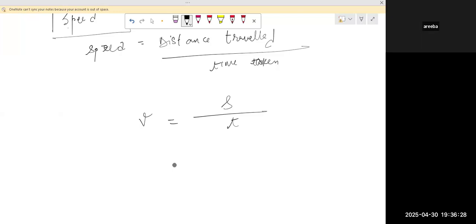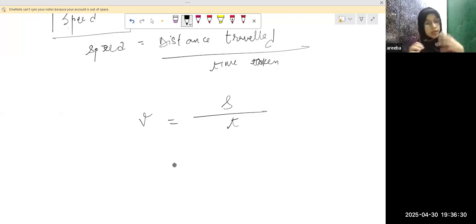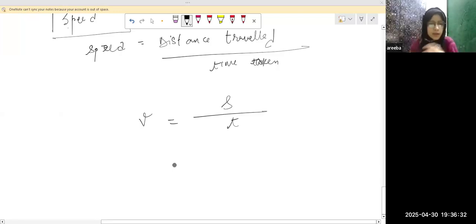But now, in this chapter, we are going to study the equations of motion. You must have heard of v equals u plus at. In these scenarios, we use specific letters which are universally accepted for distance, speed, and time. Time is clear, small t.